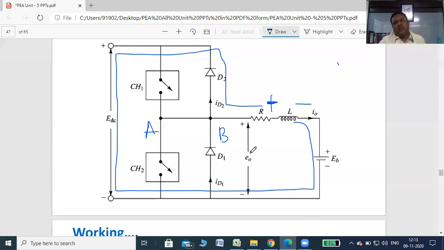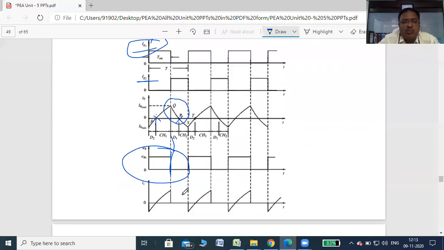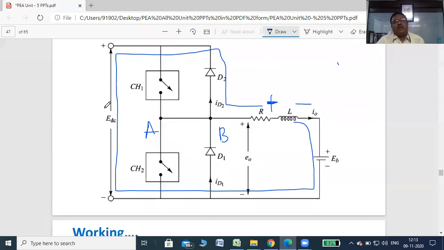Okay. So this time current flows definitely in the reverse direction, but this time you can see here the output voltage is positive. When diode D2 is on, the output voltage is positive because the supply is connected to the load.